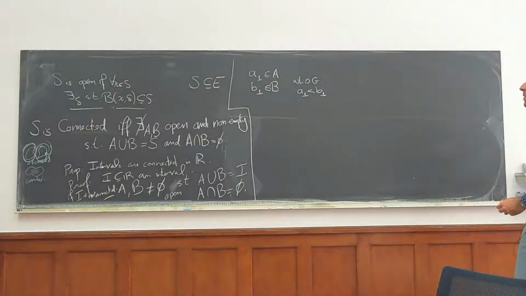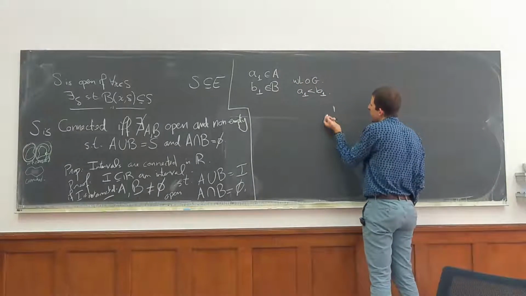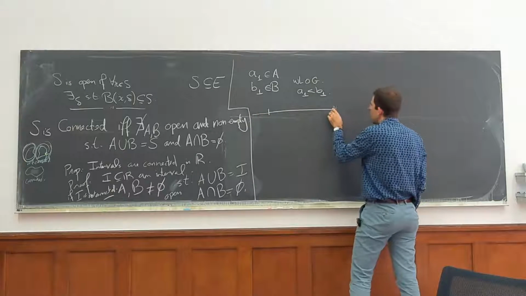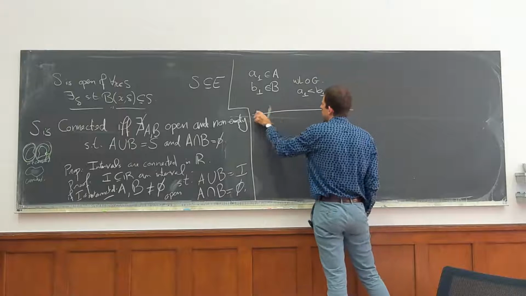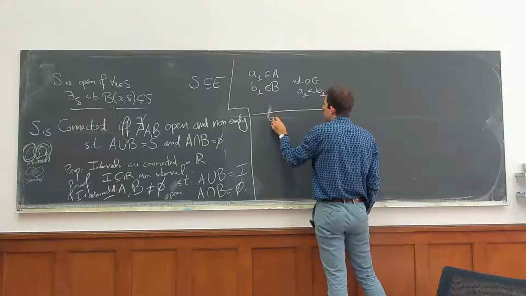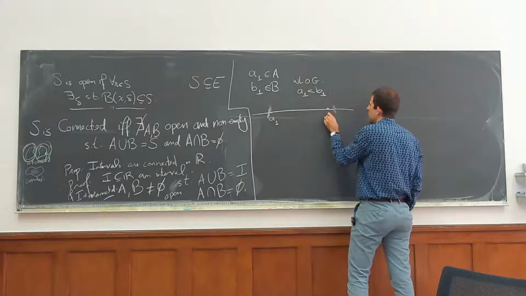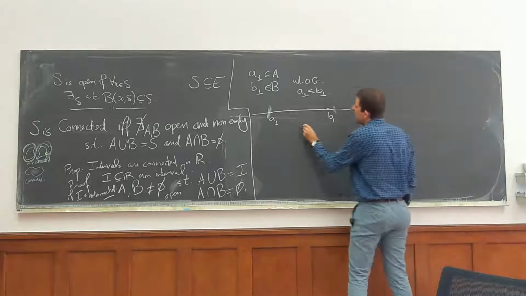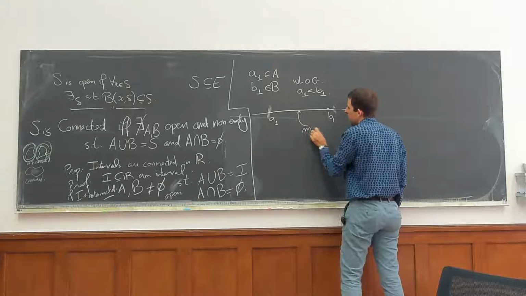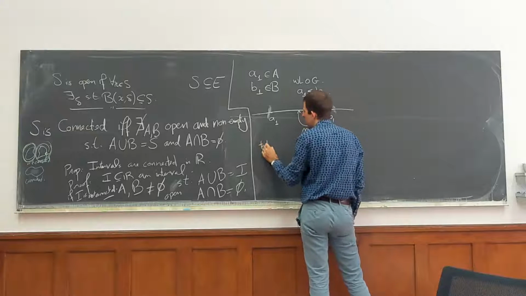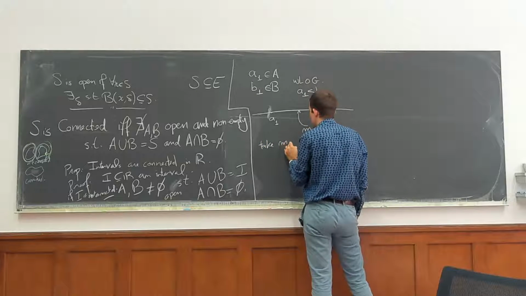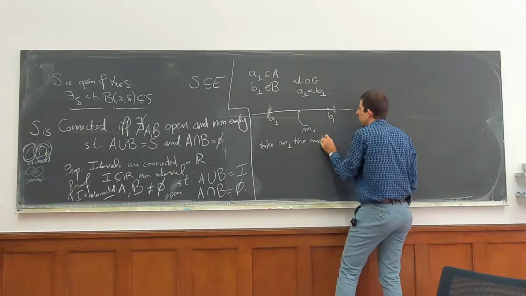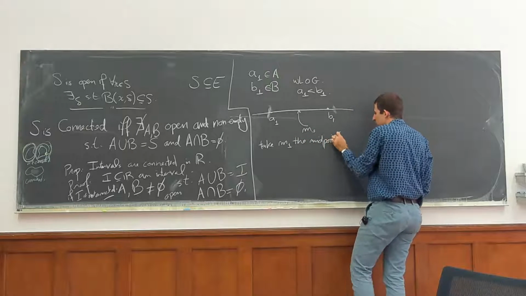Okay. All right. So now let's see visually what the idea of the proof is going to be. There's some interval, and we have some A1 here and some B1 here. Now the idea is we're going to take the midpoint, let's call it M1. Because we're over R, such a thing exists.